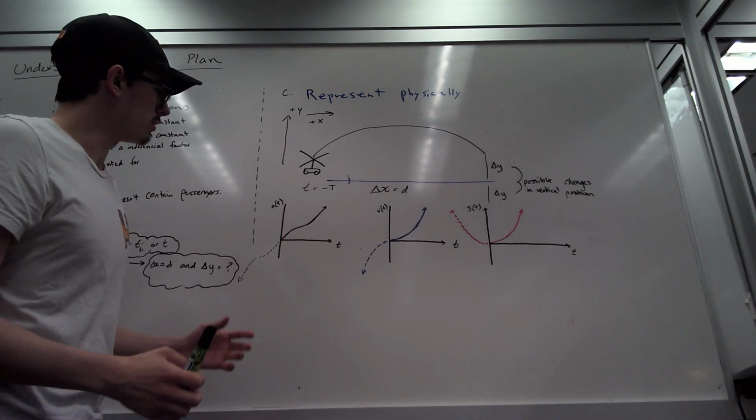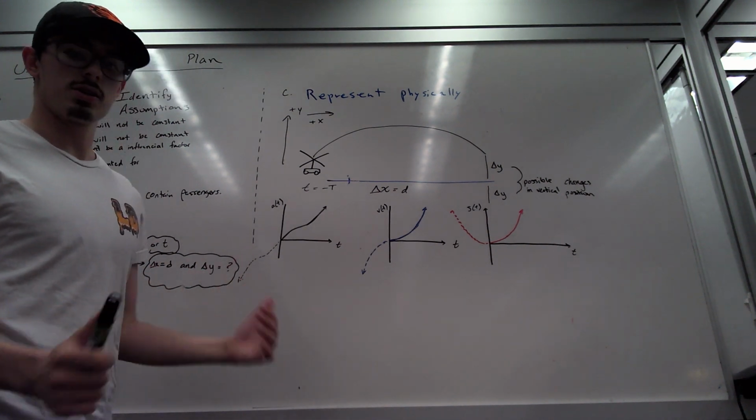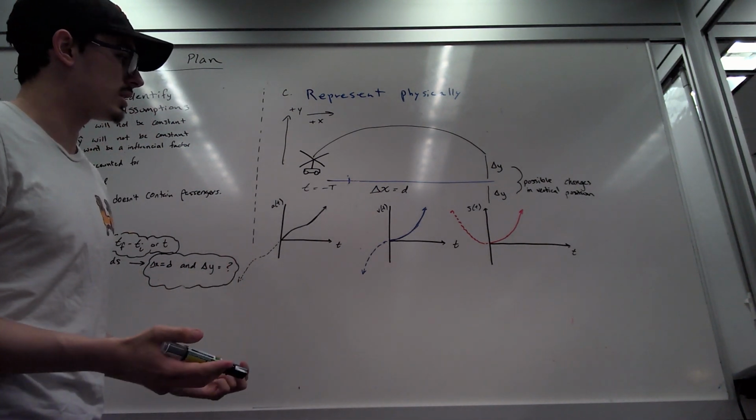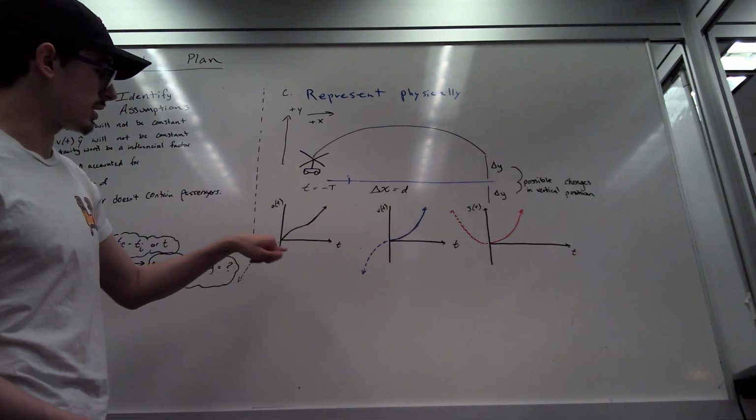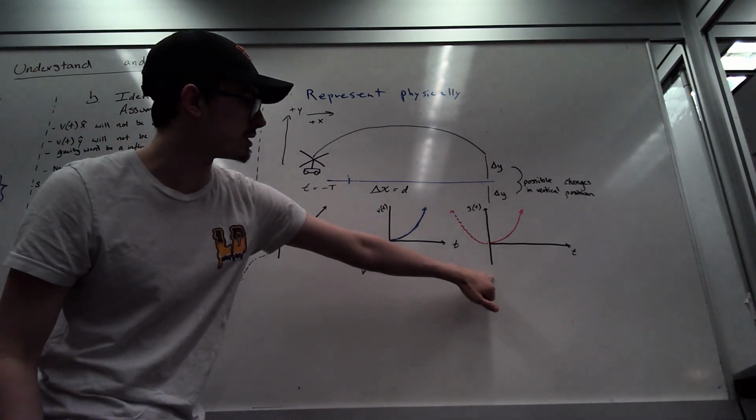So we used our knowledge of the equation to come up with three graphs representing acceleration, velocity, and position.